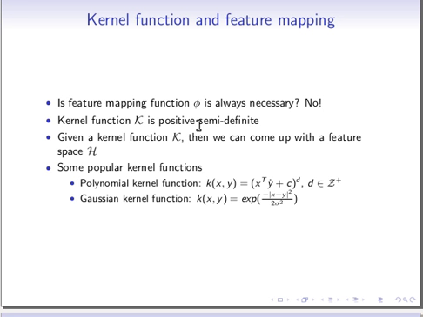Then we can understand the condition and characteristics of the data in the new feature space very well. In addition, there are some popular kernel functions, for example, the polynomial kernel function and the Gaussian kernel function. We can use these popular kernel functions to reason about the characteristics and geometry features of data in the new feature space.